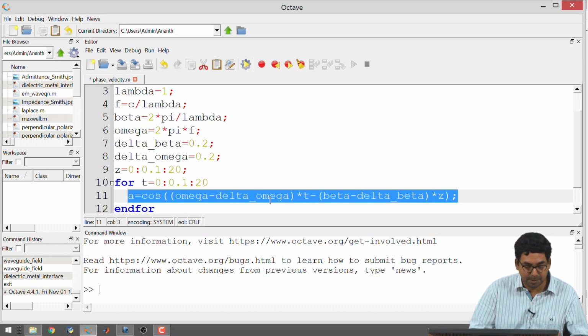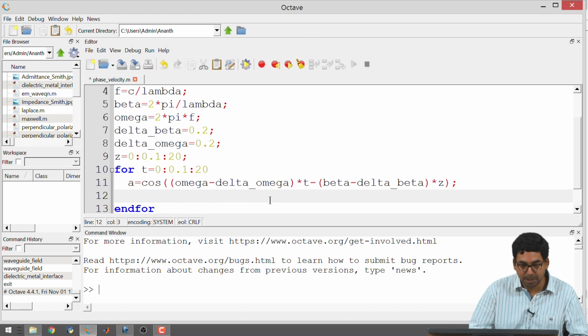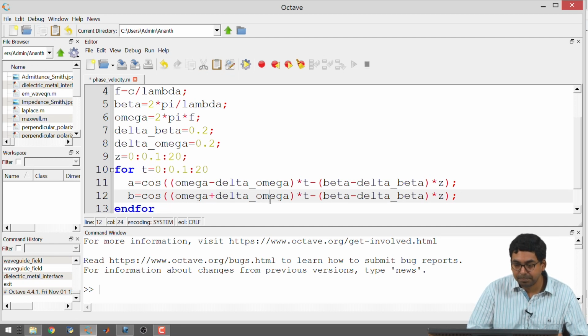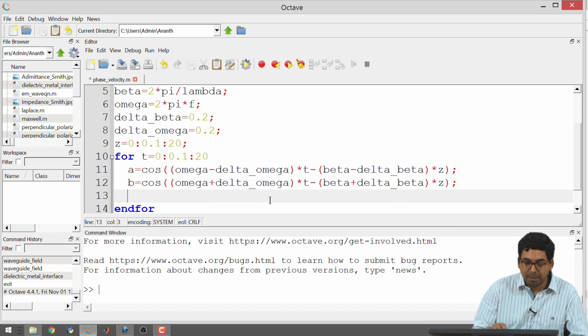So, I will just copy paste this line and I will make some changes. So, I will just call this wave as B, let's make it plus. Okay. So, we had two waves and we were just adding them up.